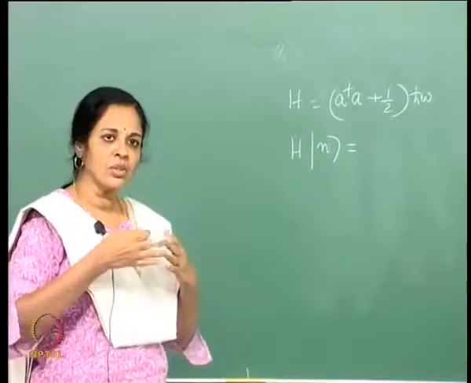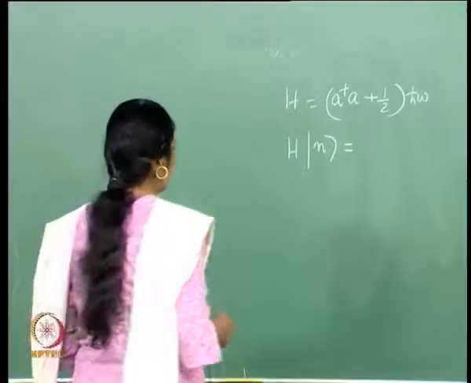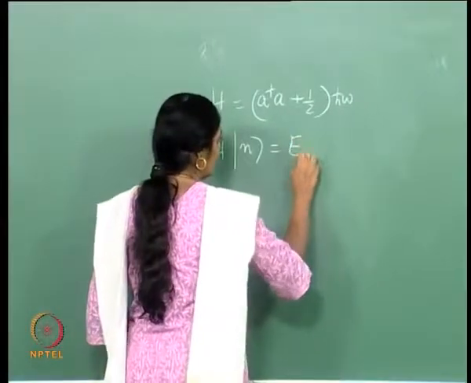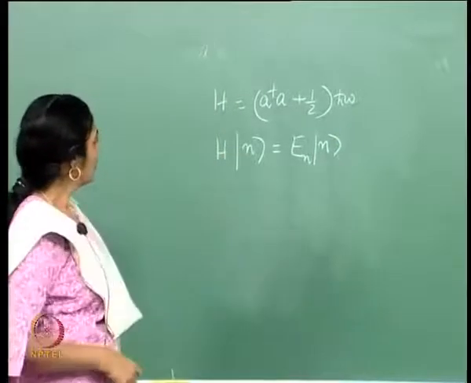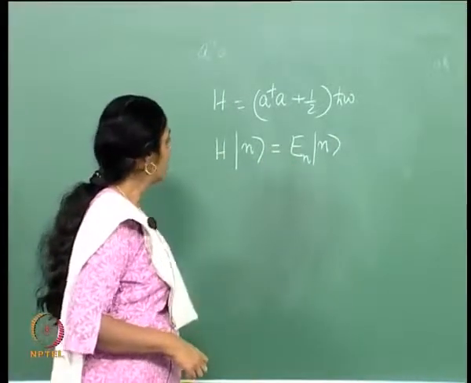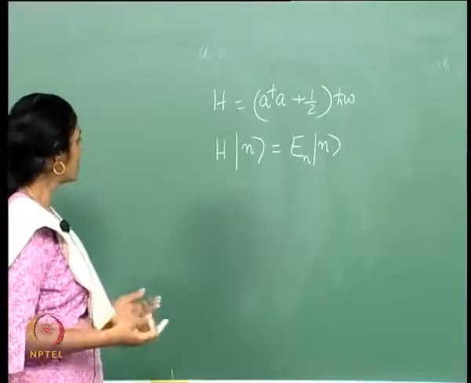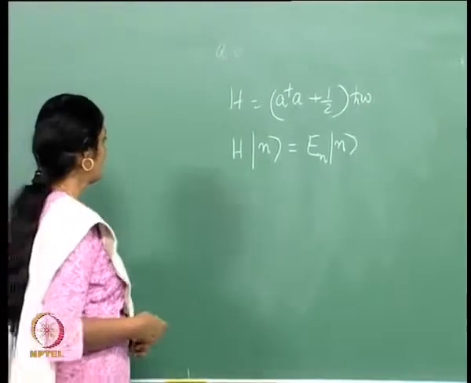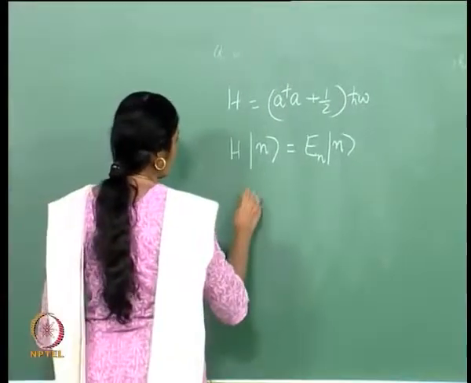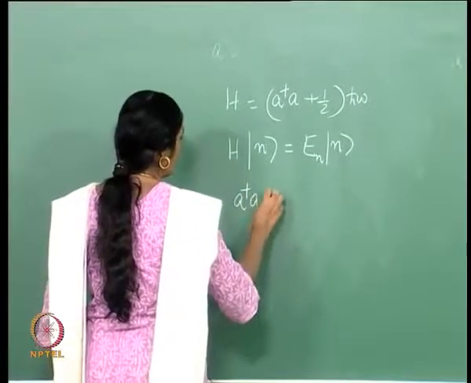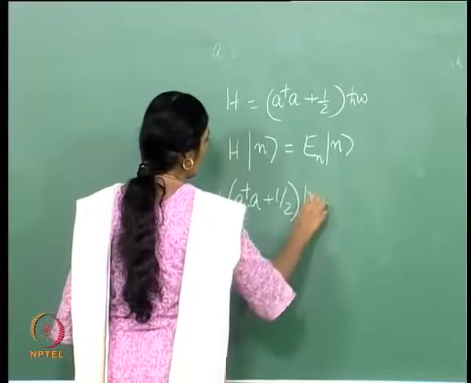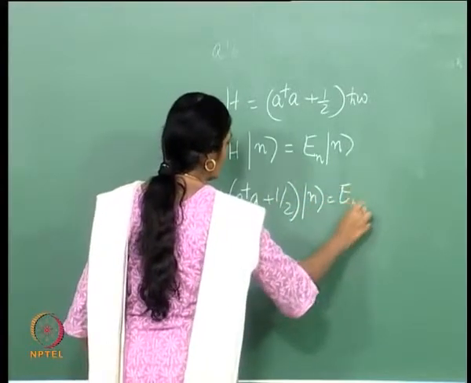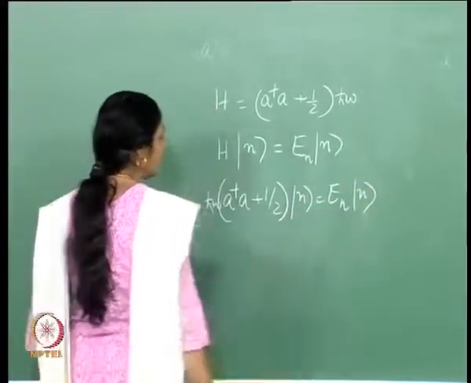One has to find out the range of values that n can take. So, eigenvalues would be given by E sub n, and these are numbers that one has to find out. I therefore have a dagger a plus half h cross omega acting on n gives me E sub n n.